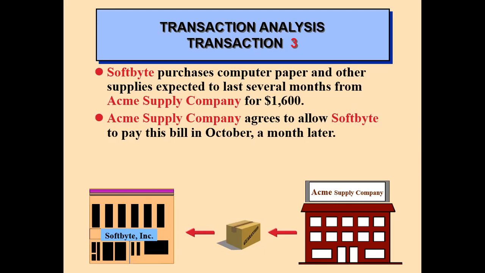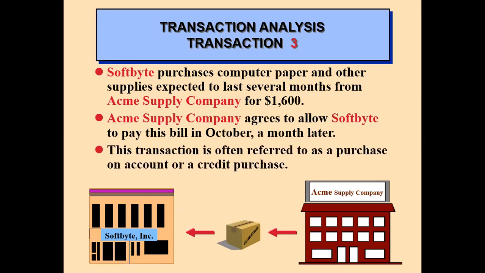In the liability section we'll write accounts payable, and supplies is an asset, so under the asset side we'll write supplies. There will be another column that we name supplies.